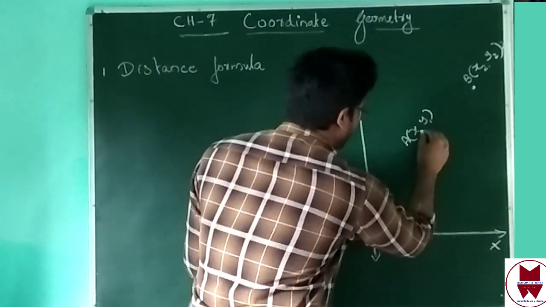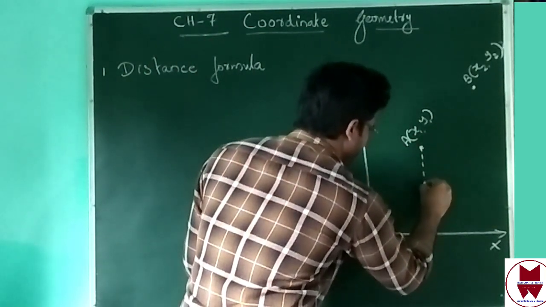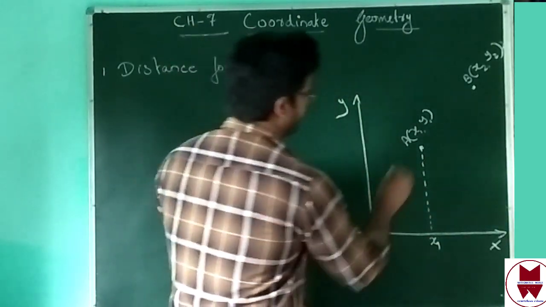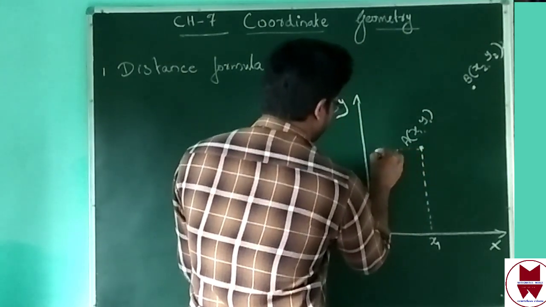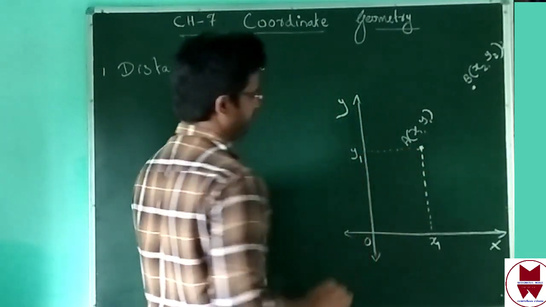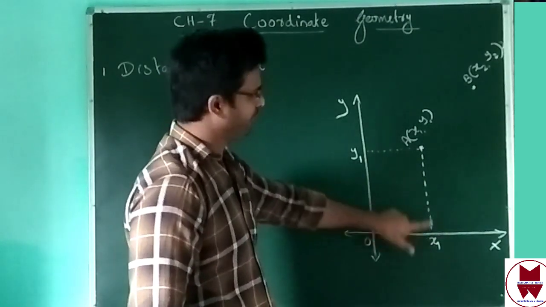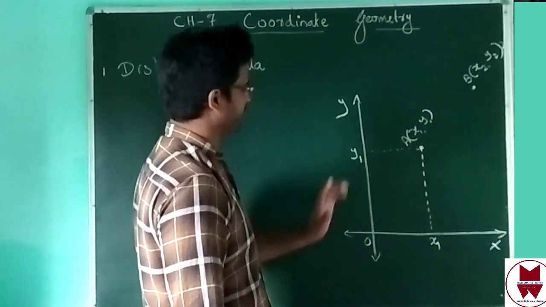Look, x1 represents the x-axis, here only x1. Then y1 means here is y1. In this point, we will get x1, y1. x1 is the coordinate of x, then y1 is the coordinate of y.